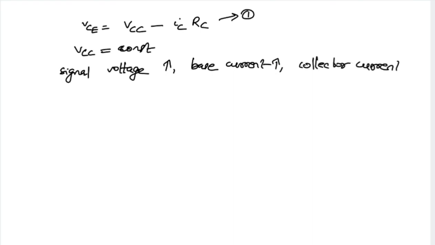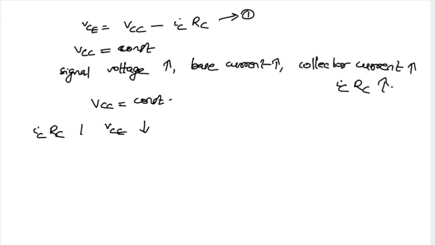Then when the collector current increases, the voltage drop ICRC increases. But VCC is a constant. So according to equation 1, when ICRC increases, VCE decreases.